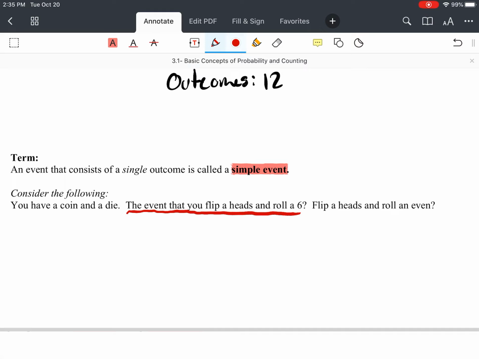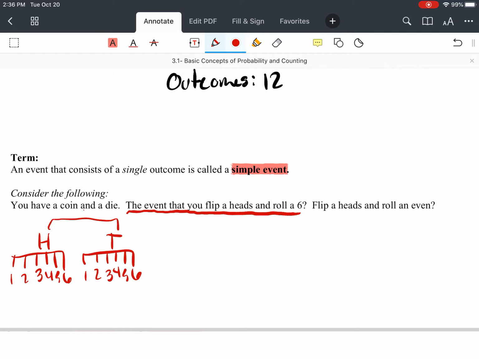So notice that if we were to build a tree diagram, heads, tails, and then under heads we have 1, 2, 3, 4, 5, 6, and under tails we have 1, 2, 3, 4, 5, and 6.